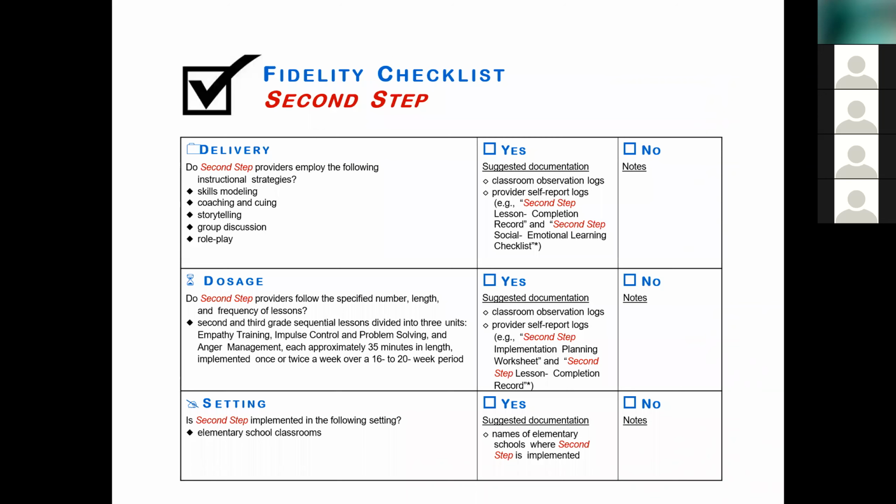You'll see maybe that there's other pieces, like for example, they have the completion record, the emotional learning checklist. What are those documentation pieces that you can pull? Or will it be just standard observation? Did I see these things happening?